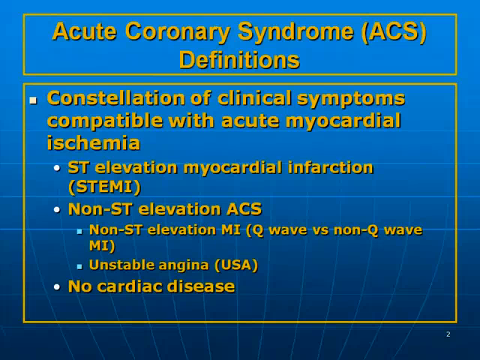If there isn't evidence that the ST segments are elevated, then you're dealing with non-ST elevation acute coronary syndrome. And there are really two outcomes of patients that develop non-ST elevation acute coronary syndrome, one of which is that they go on and develop myocardial infarction, which then is called a non-ST elevation myocardial infarction, or NSTEMI.